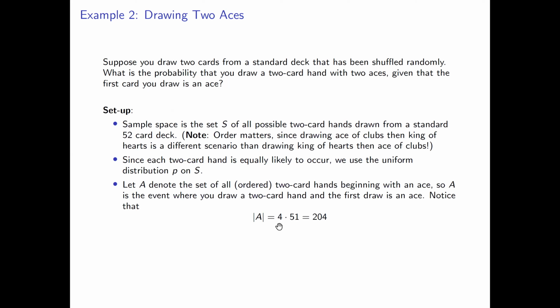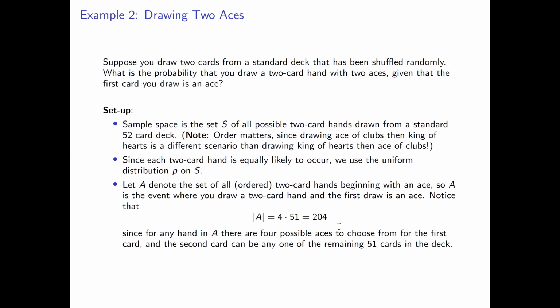The first card has to be an ace, and there are 4 possibilities for the first card, so I have 4 choices there. Once I draw an ace, there are 51 cards remaining in the deck, so there are 51 possibilities for the second card. You multiply these two together, as we saw several times when we were talking about counting problems in chapter 6. So you get 204.